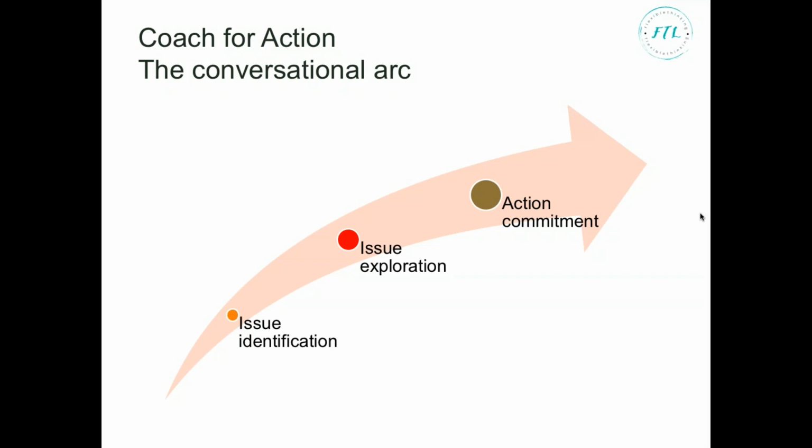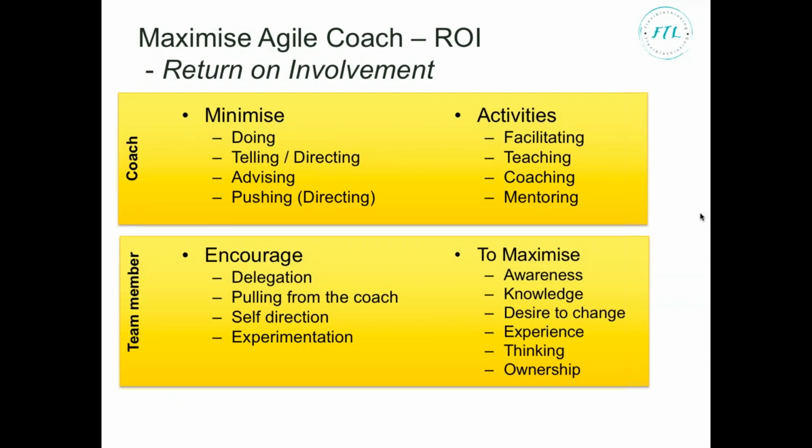Okay. This teases back to the point we were making earlier. It's about return and involvement. Where does my team or my organisation get the most return on my involvement? It is where I minimise the doing, the telling, the directing, the advising, the pushing that I do.